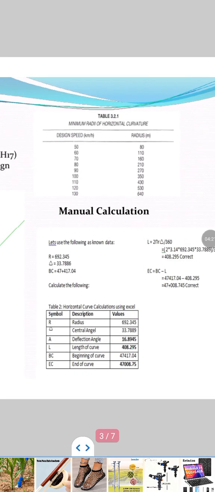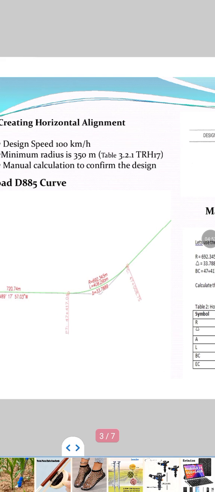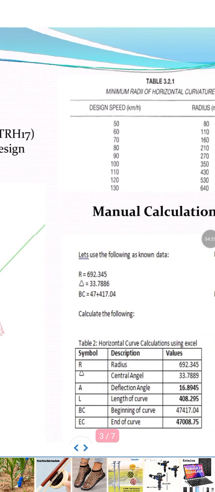And here we did the manual calculation to confirm if the design is according to our South African standards. We took R as given, deflection as given, and the chainage at the beginning of the curve as given, and we were able to calculate the length of the curve and the chainage at EC. The length of the curve calculated using the formula is 488, and from the curve we can see that the length of the curve is 488.